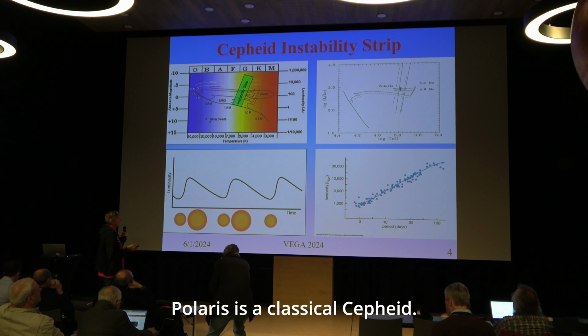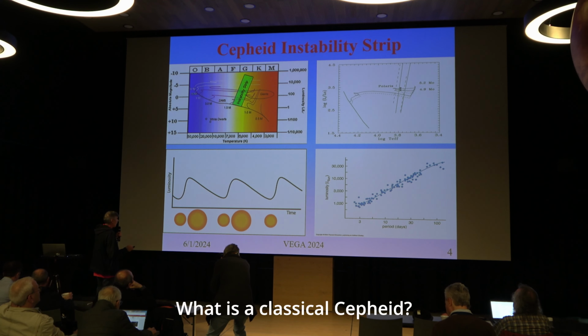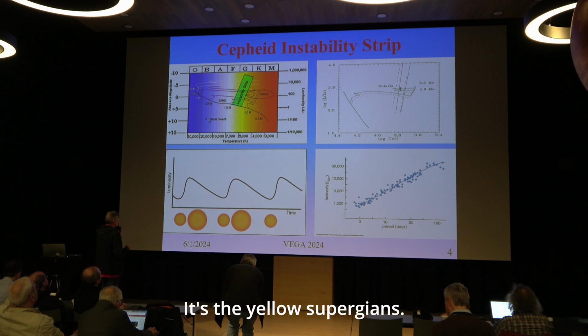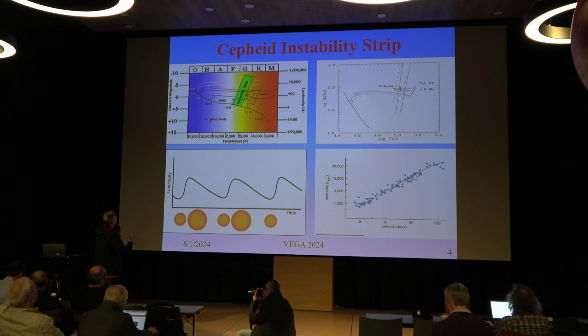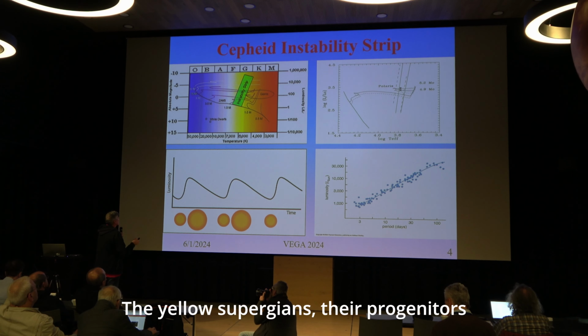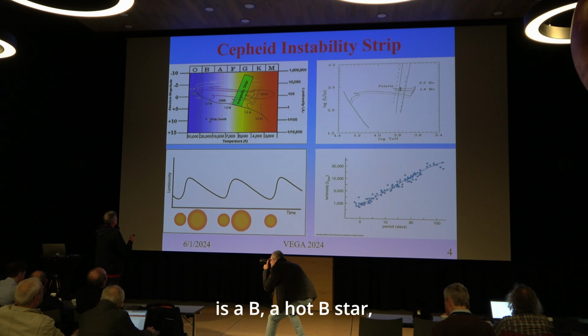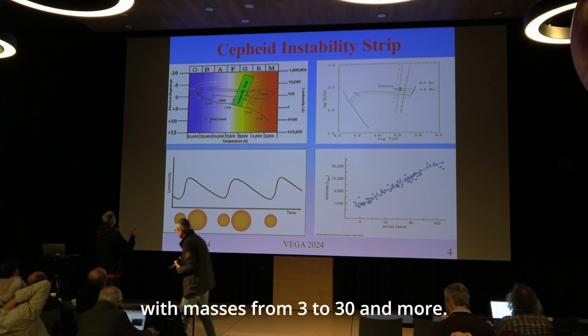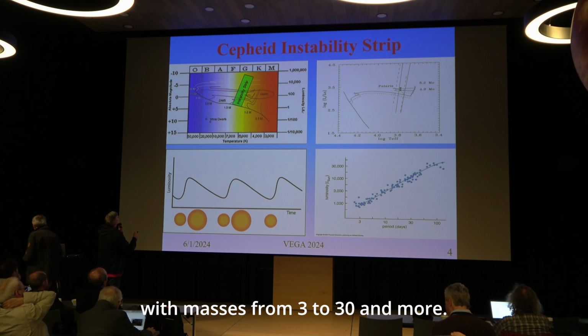Polaris is a classical Cepheid. What is a classical Cepheid? It is a yellow supergiant. Their progenitors are hot B stars with masses from 3 to 30 solar masses and more.